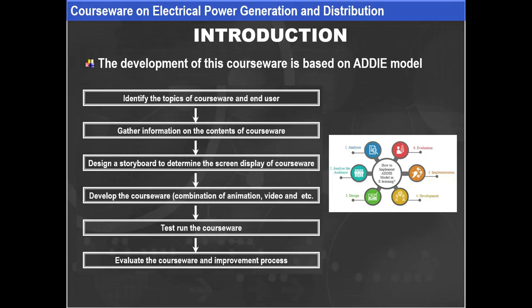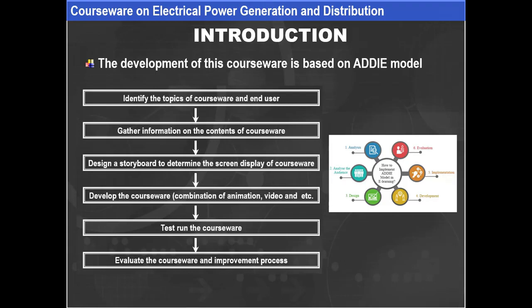So the courseware uses the ADDIE model, which comprises of 6 steps. The steps involved are to identify the topics. The second step is gathering information for the content. The third step is designing the storyboard for the screen display.